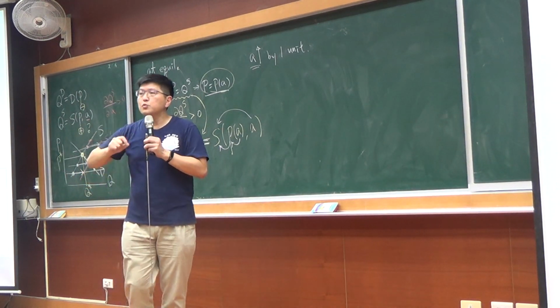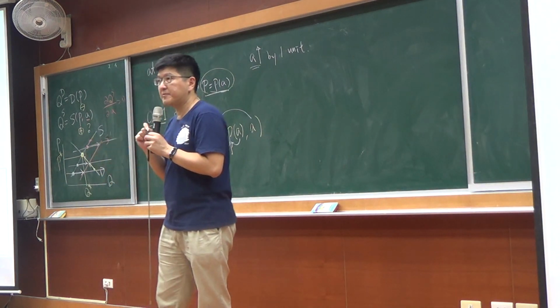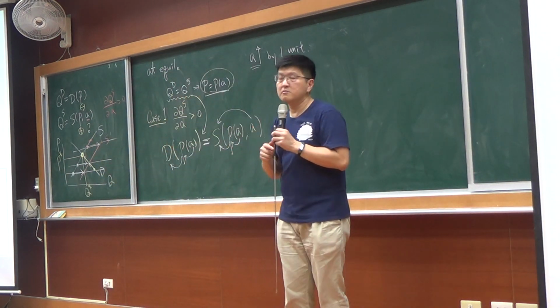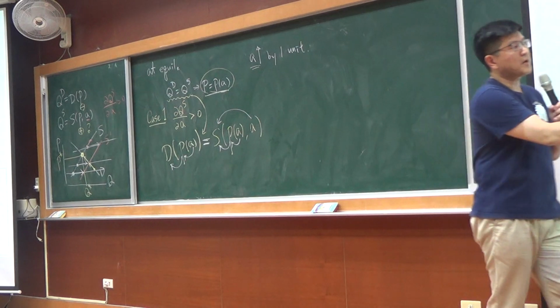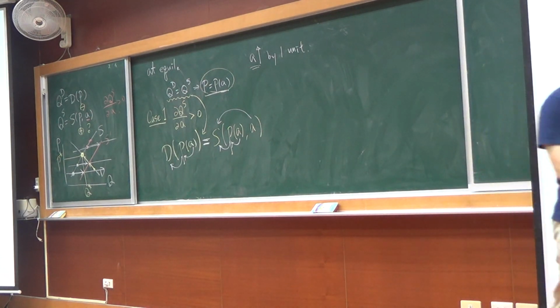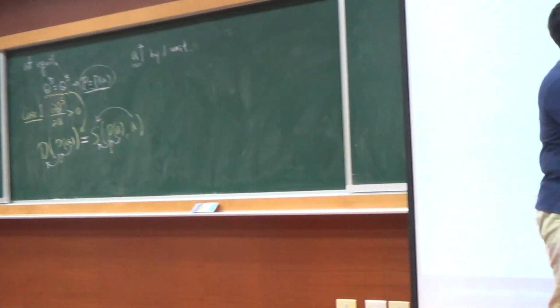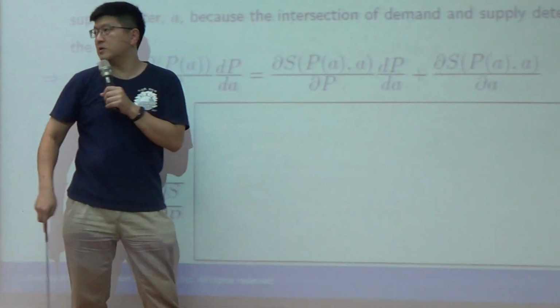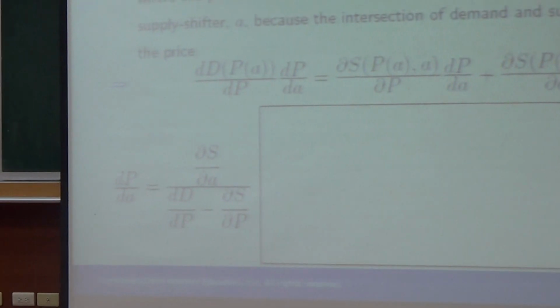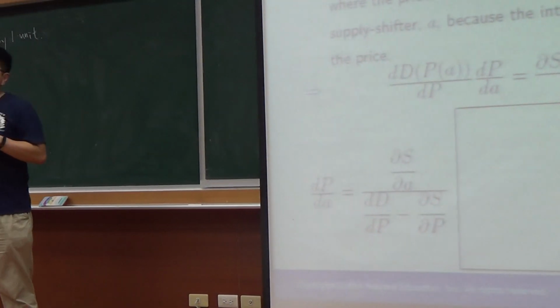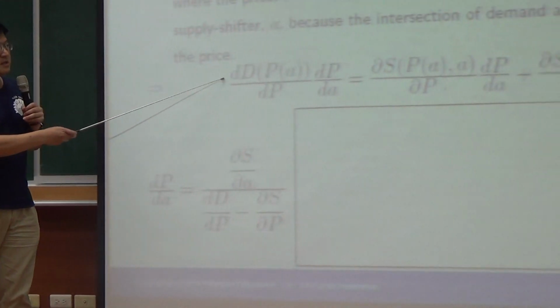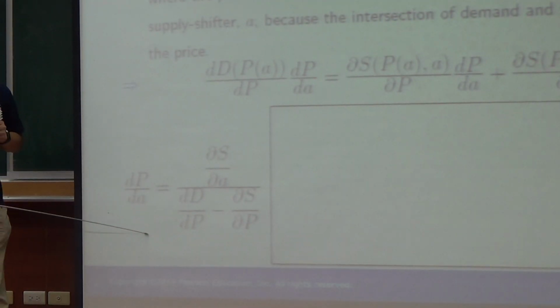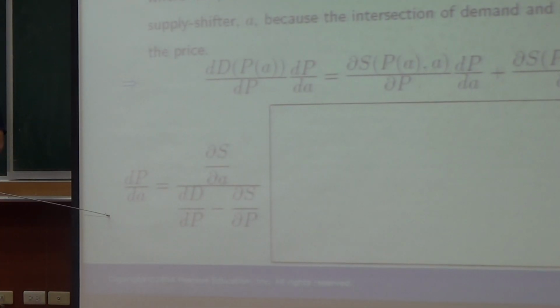So we deal with one variable at a time. Okay? So this is the reason why we use partial. And also, A affects quantity supply directly. Okay? So it's also a partial differentiation. And we rearrange the equation, we have this outcome.